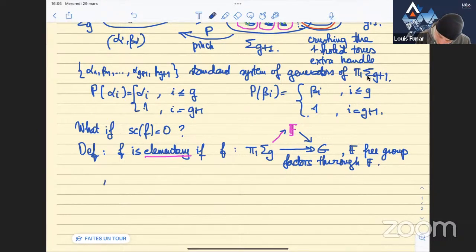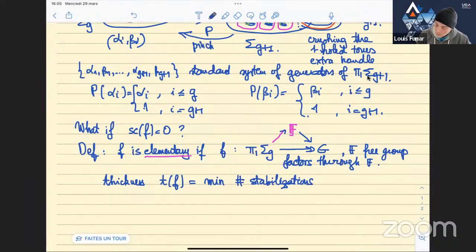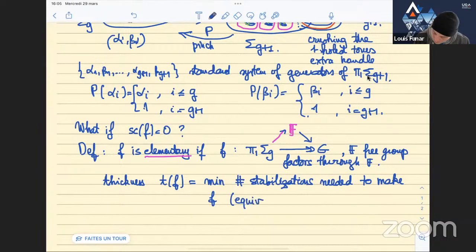Let's define another invariant. Let's say the thickness T of F is the minimal number of stabilizations, where one stabilization corresponds to adding 1 to the genus, needed to make F equivalent to an elementary homomorphism.